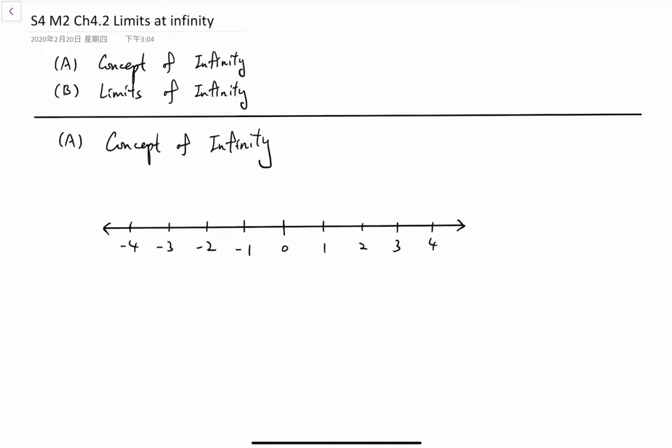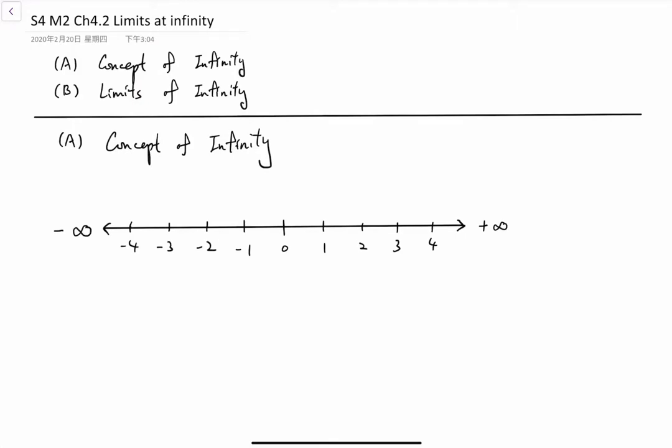For the left hand side, you can imagine it will tend to negative infinity, meaning a very small number, and for the right hand side it will tend to positive infinity.